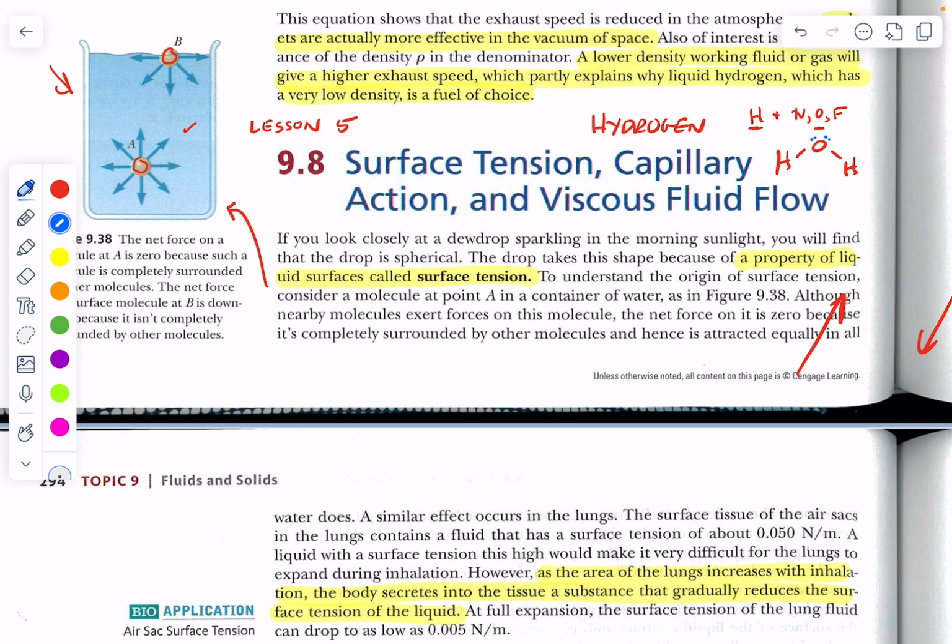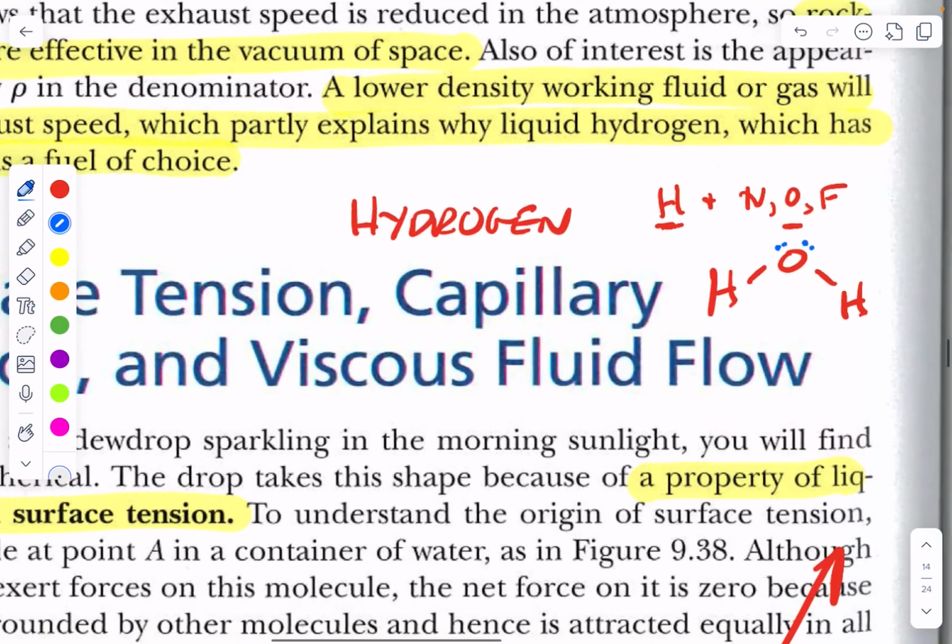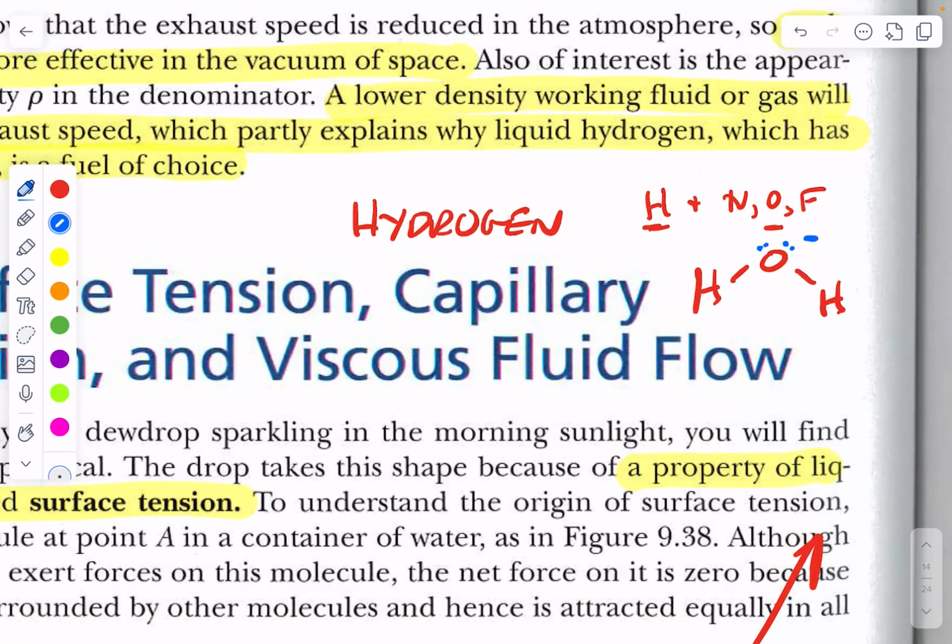In these lone pair electrons is the negative region of the water molecule. The electrons the hydrogens share with oxygen are between the hydrogen and the oxygen. That leaves the region where the hydrogens are positive.